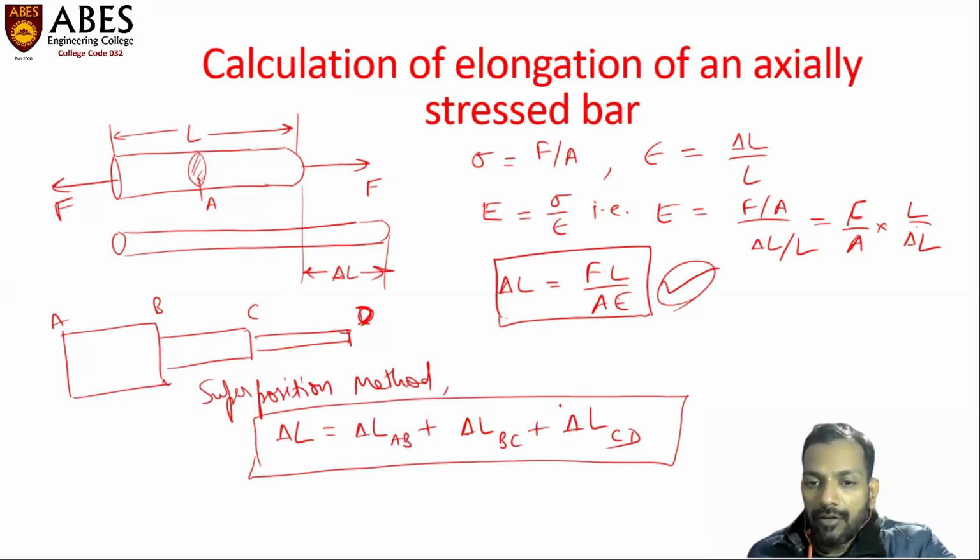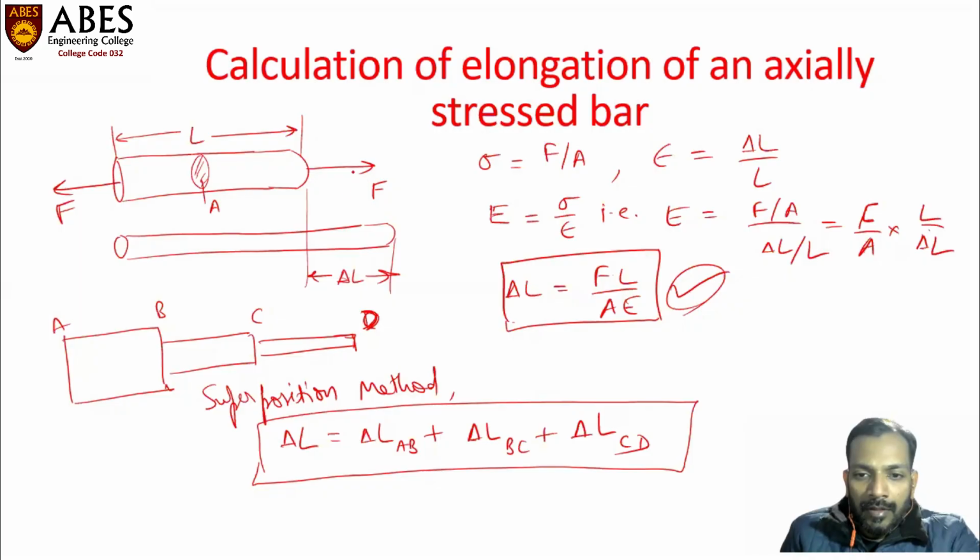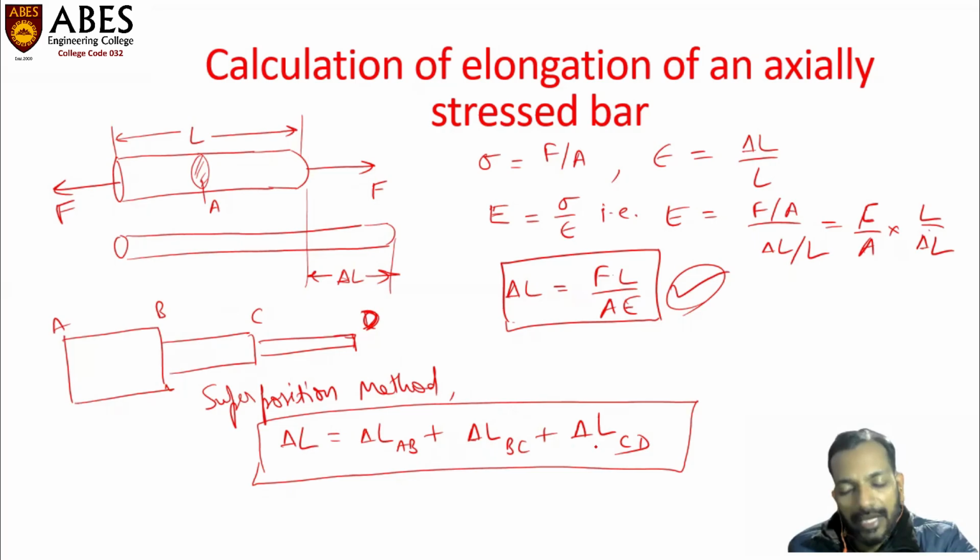Any one or more of these values may be negative also. It means that if BC is under the action of a compressive force, in that case delta L BC will be negative. So one or more parts of this summation may be negative. So this is called the superposition method.